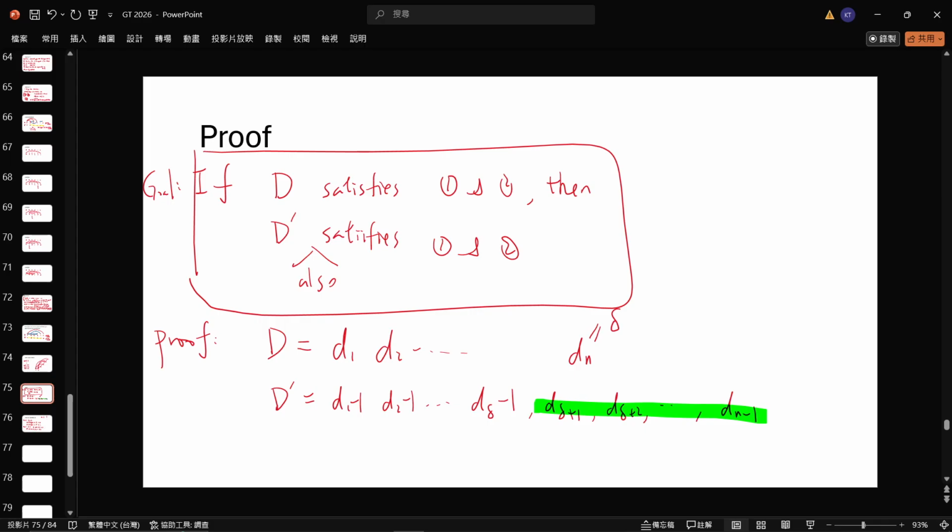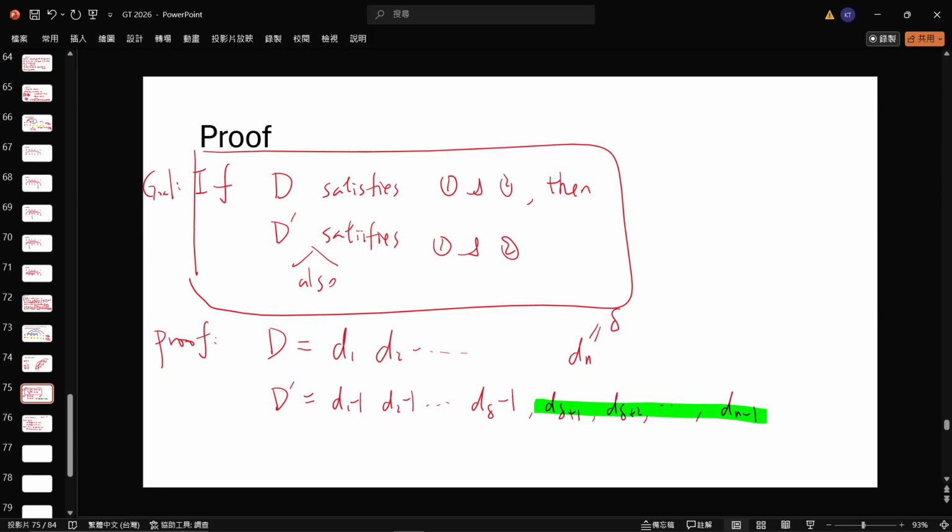So if the original degree sequence satisfies these 2 conditions, is it possible that the highest degree is just 1? If you only consider condition 1, condition 1 only says that every degree should be at least 1. So it seems like it's possible that the highest degree is 1, because at least it satisfies the first condition.